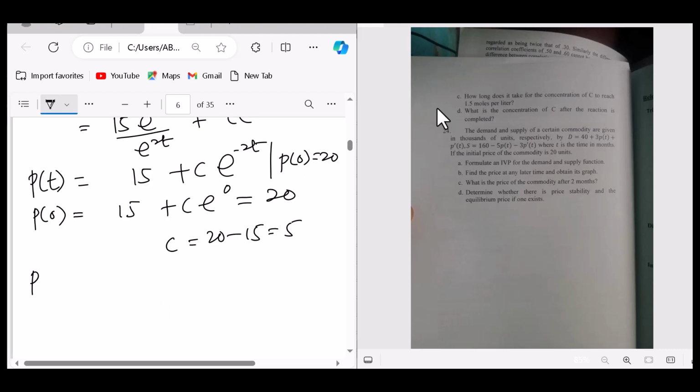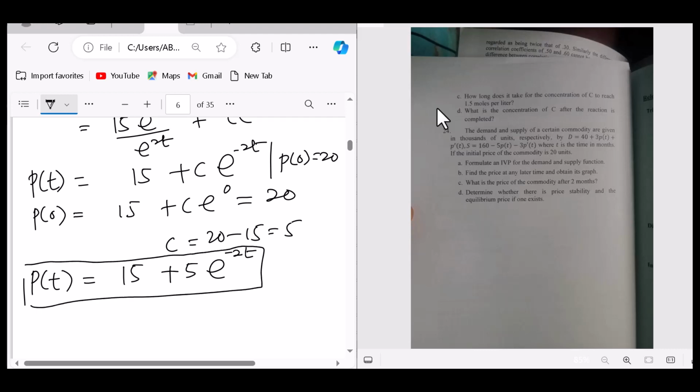So our P of t is equal to 15 plus 5 e to the power negative 2t. This is our P of t. So that's the answer for the A.